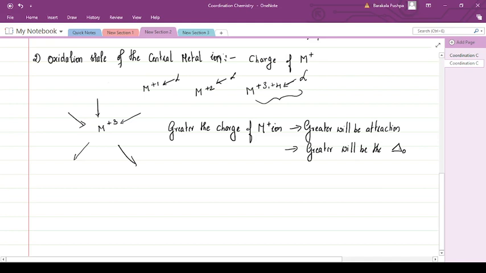Theoretically, if a central metal atom is shifting from the +2 state to the +3 state, it should increase. The ionic charge should result in an increased value; theoretically the magnitude should increase by 50%.